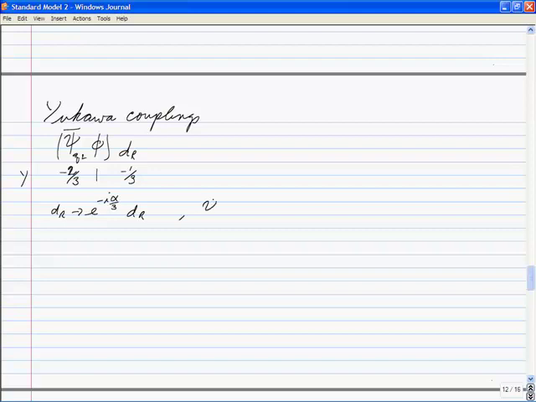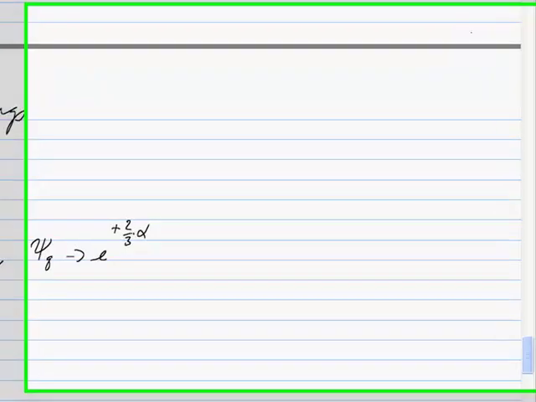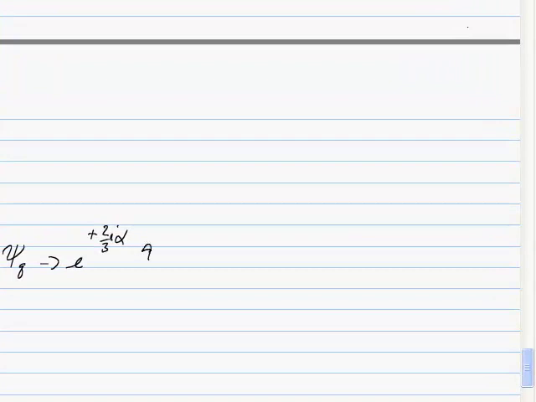At the same time, the psi quarks go to e to the plus 2/3 I alpha, and phi goes to e to the I alpha with a 1.